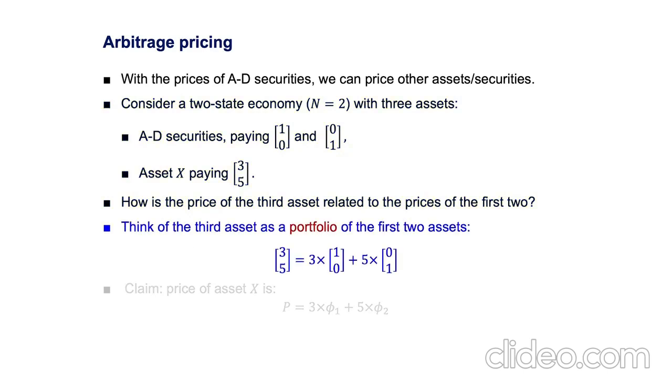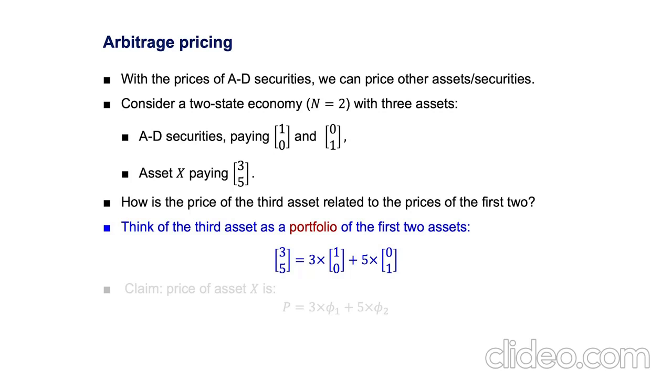In order to answer this question, we can think of the third asset as a portfolio of the first two assets, namely the two Arrow-Debreu securities. In particular, we can think of it as being a portfolio of 3 units of the state 1 Arrow-Debreu security plus 5 units of the state 2 Arrow-Debreu security.